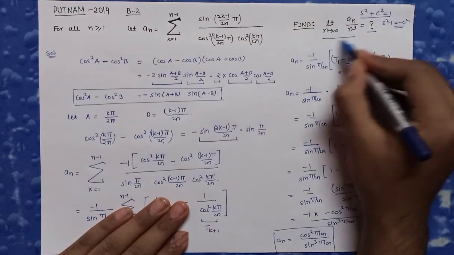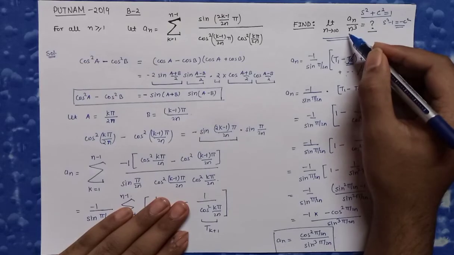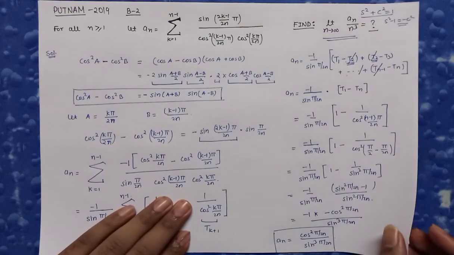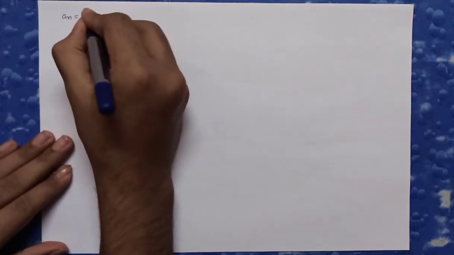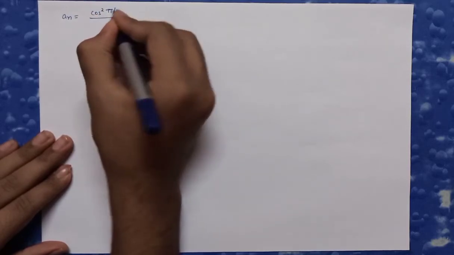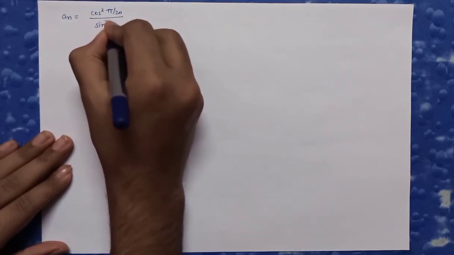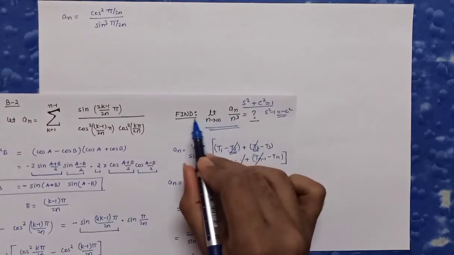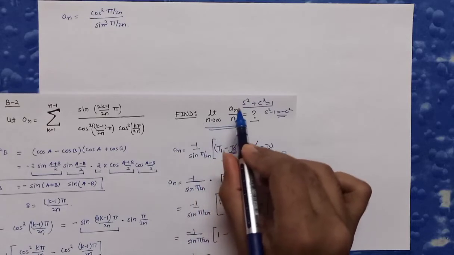Now our final task is to evaluate this limit. So let's solve the limit. The function of n which we got was an equals to cos square pi by 2n divided by sine cube pi by 2n. Now the question was to find the limit n tends to infinity an by n cube. So let's solve that.